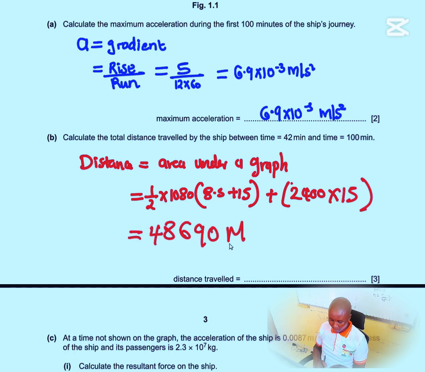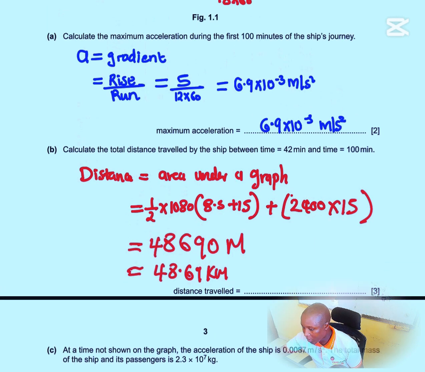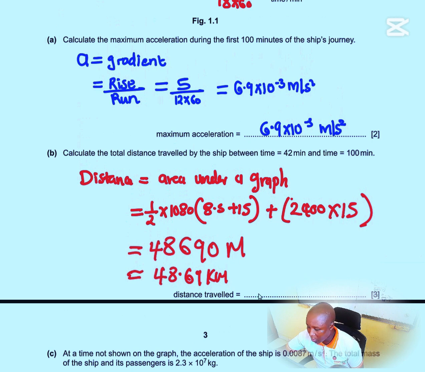In the event you are asked to convert meters to kilometers, you need to divide by 1,000, and that becomes 48.69 kilometers. This question did not really specify in which unit you are to give, so you can decide and give it as 48.69 kilometers.